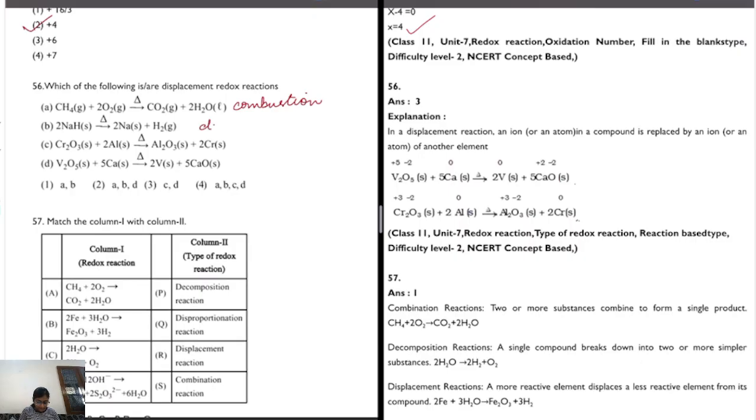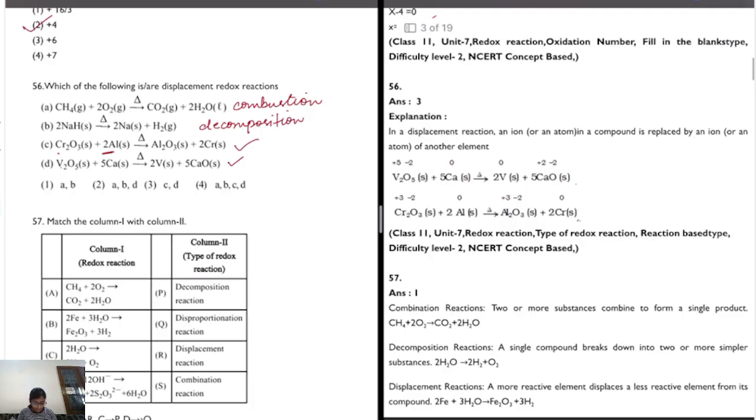Therefore, it can be an example of decomposition reaction. Now in this, you'll see that Cr is being replaced by Al. Therefore, yes, it is an example of displacement reaction. And in V2O5, calcium replaces V, that is vanadium. That is, it is also an example of displacement reaction.